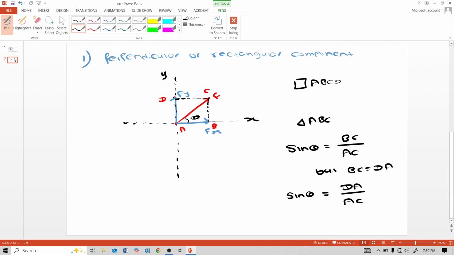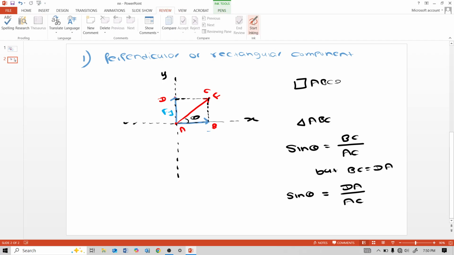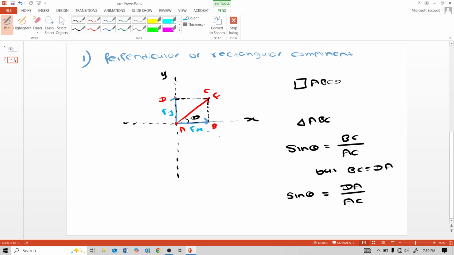And this DA is nothing but Fy. See, this is the Fy force and this is the Fx force. So sin theta is equal to DA, this DA is Fy, upon AC as it is.